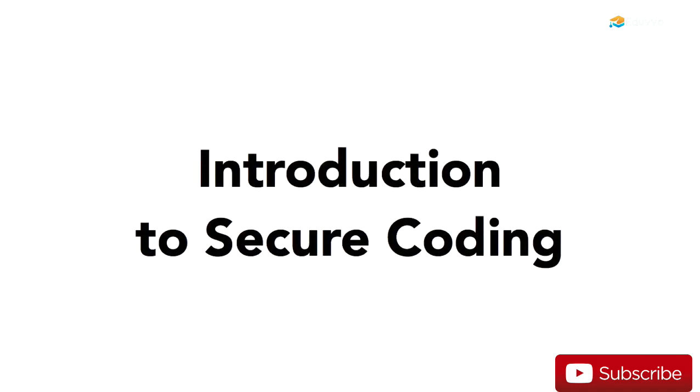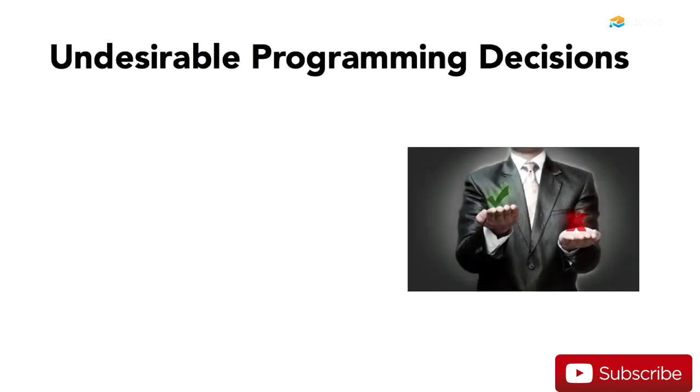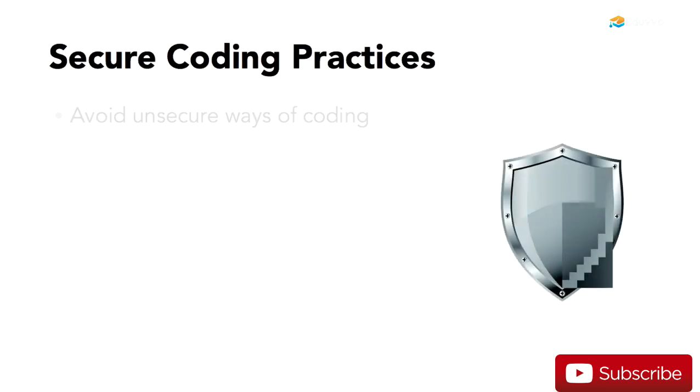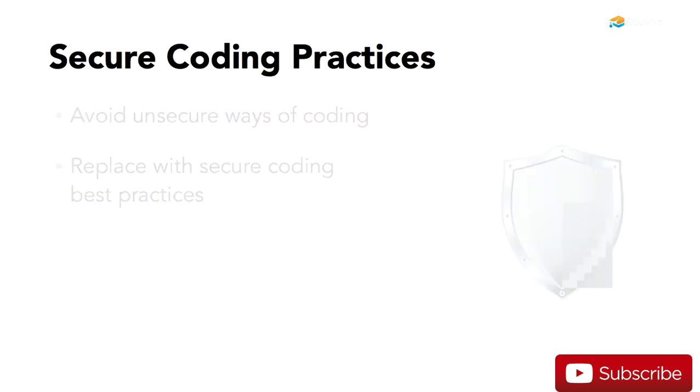Secure coding means not making programming decisions that make the software vulnerable to attacks. Some of these undesirable programming decisions are well documented in the form of CVE or OWASP top 10 entries. Therefore, secure coding practices should avoid these unsecure ways of programming and replace them with their secure version.